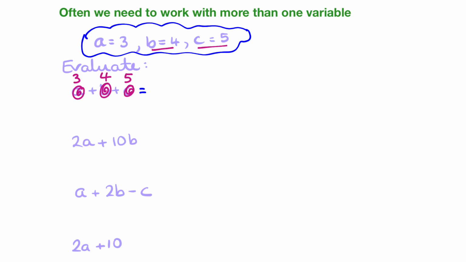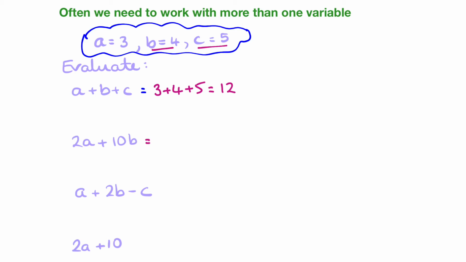So what we're actually working out is 3 add 4 add 5. And when we work that out, 3 add 4 is 7, add 5 is 12. So there's nothing very complicated there at all.